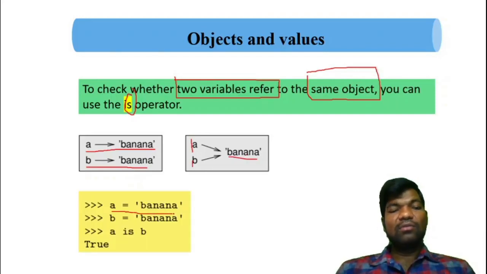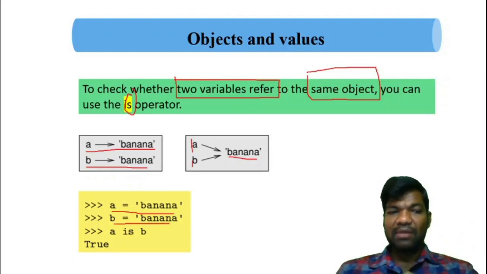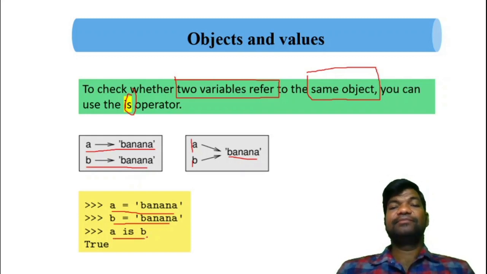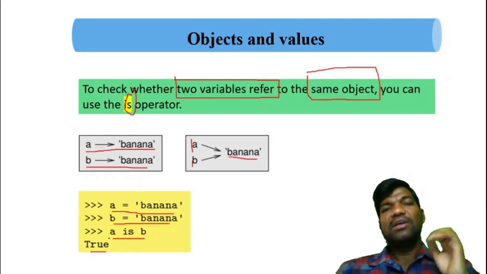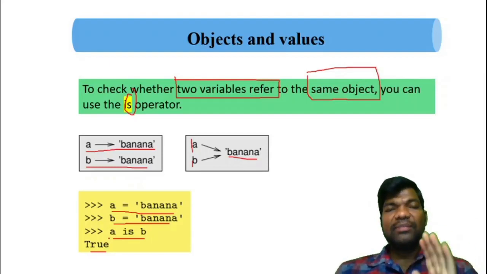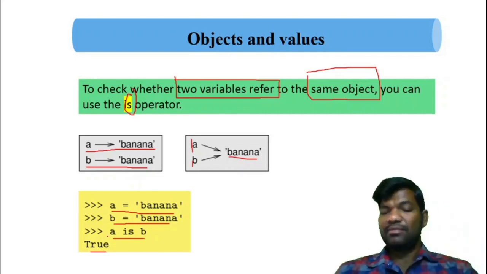So A equals banana, B equals banana. Now you can write A is B. Is A is B true? Yes, that is true. So A and B are referring to the same object.